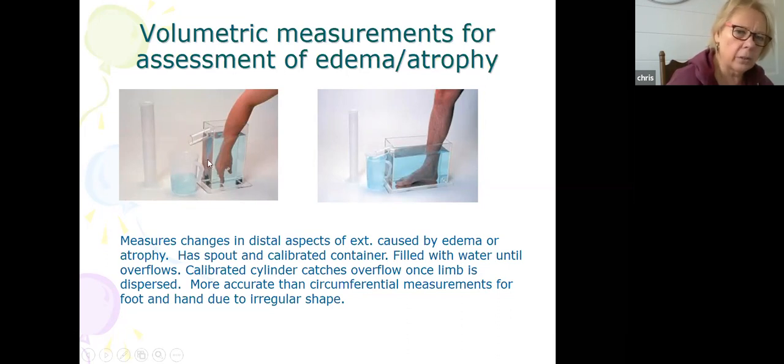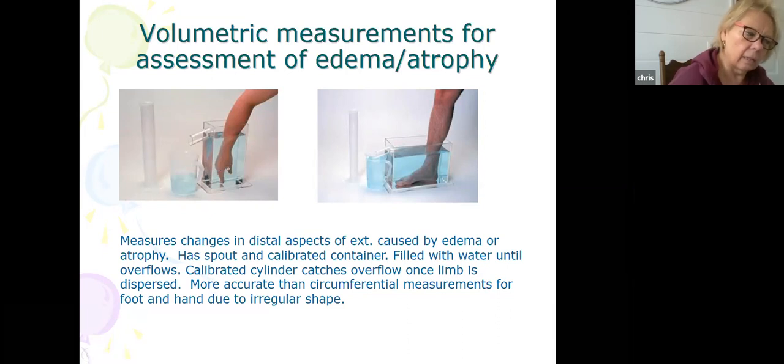Now, what do you think, if this is based on milliliters, and let's say the left hand that was not edematous, didn't have any edema, measured 320, and the right hand measured, what did I say?